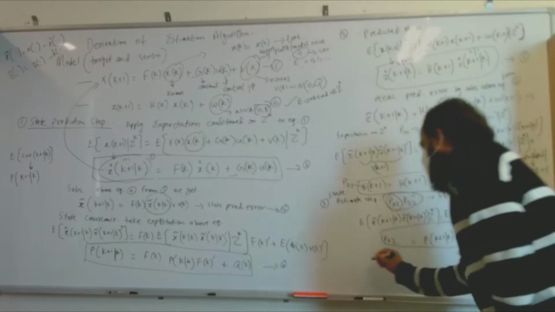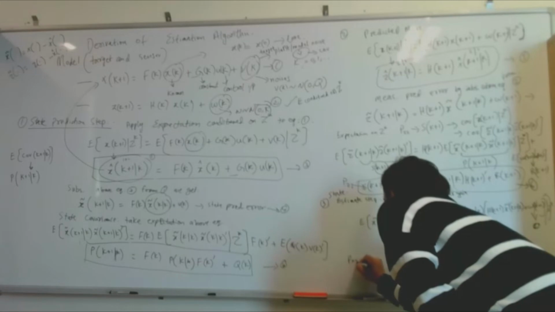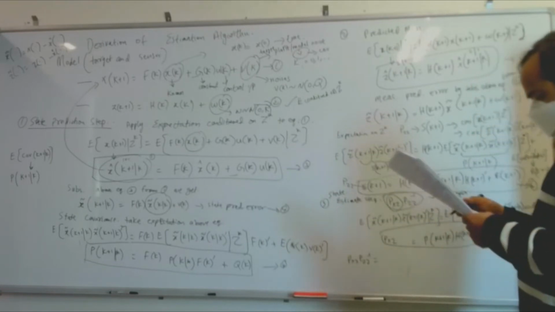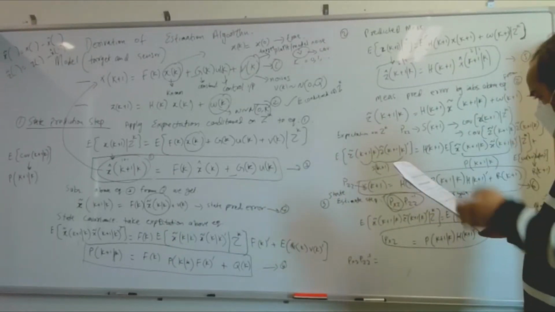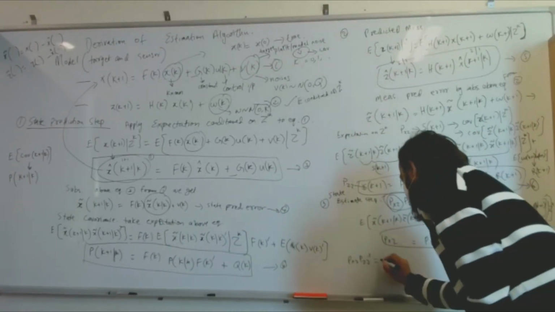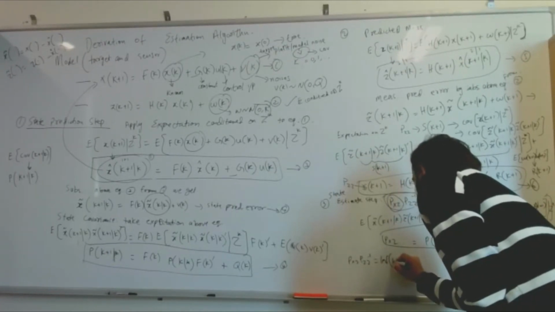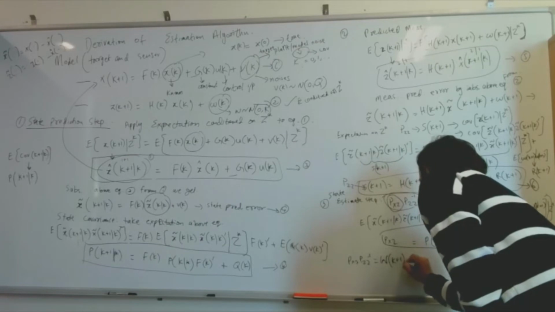So your PXZ and PZZ inverse is equal to this guy, and we denote this value as capital W k plus 1.